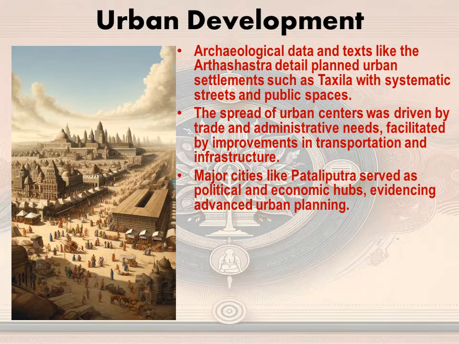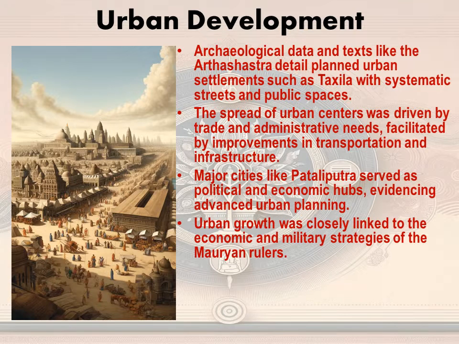Major cities like Patliputra served as political and economic hubs, evidencing advanced urban planning. So, the capital of Mauryan period was Patliputra, and it served as a political and economic hub. And we also get an evidence of advanced planning from this capital city.